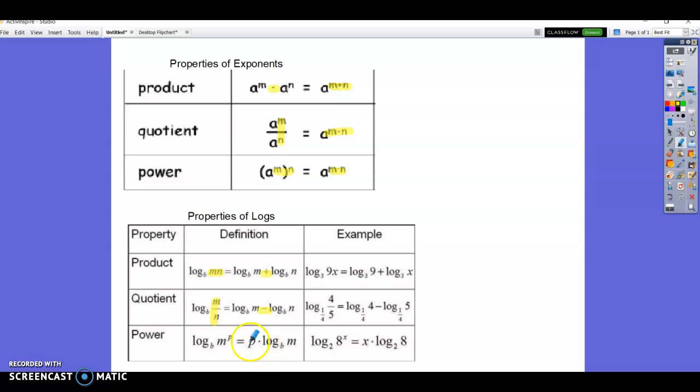Here, we are going to multiply, but the power actually moves to the front. So it becomes not a power anymore. The power goes to the front of the logarithm. All right, so make sure you have these down. These will be in your notes. I just wanted to go over the similarities between properties of exponents and properties of logarithms.